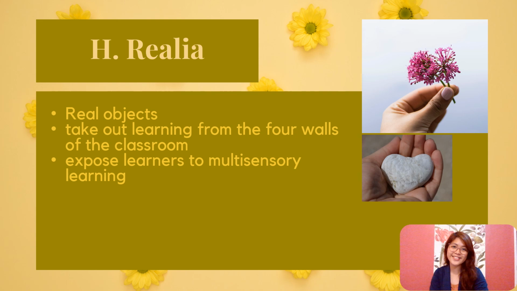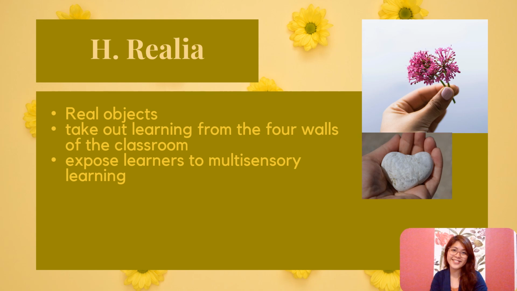For example, instead of explaining to them the parts of the flower, you can take them outside of the classroom and into the garden of the school and let them see for themselves what the parts of the flower really are. In this way, they're using their senses.